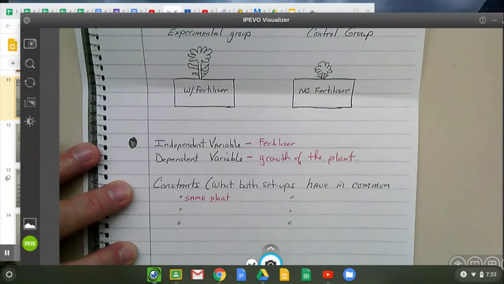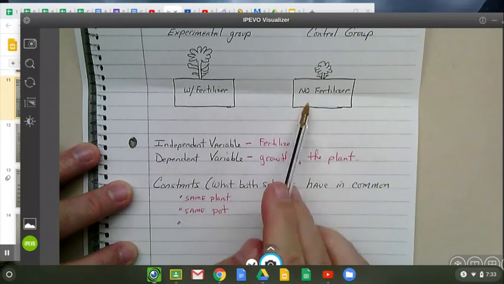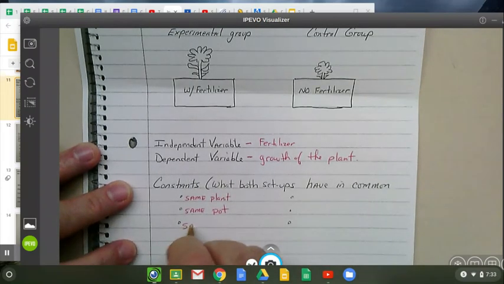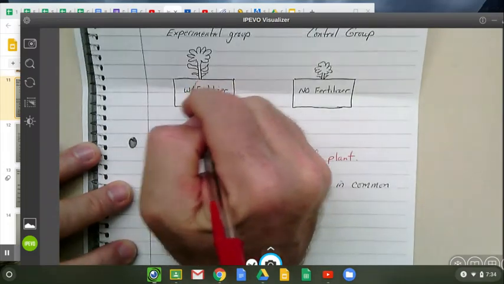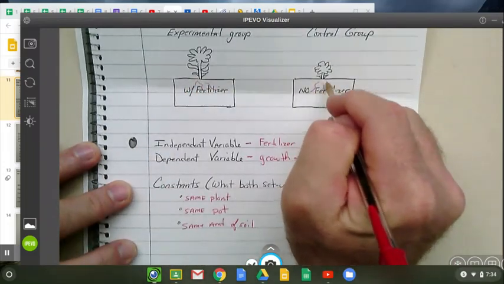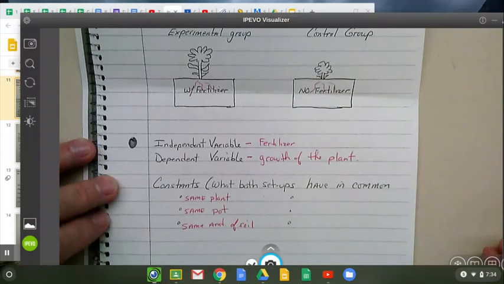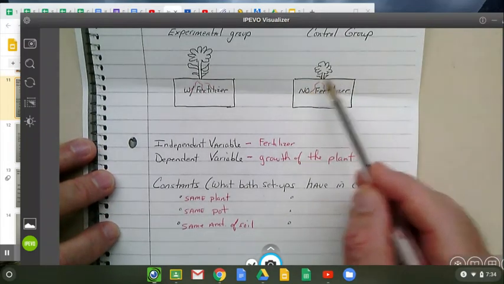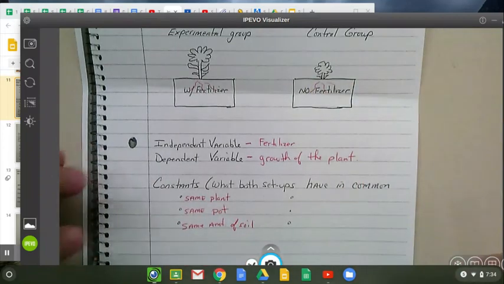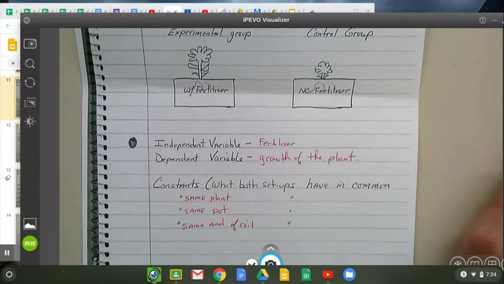They should be in the same size pot, with the same amount of soil. Now the reason being is because underneath, you have root growth. So it's important that the roots have the same amount of room to grow. I'm not going to put one plant in a tiny flower pot and one in a large flower pot. That would just give more room for one of the flowers to expand their roots and absorb more nutrients.